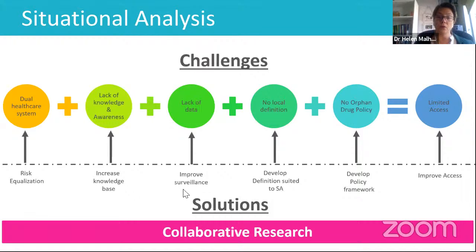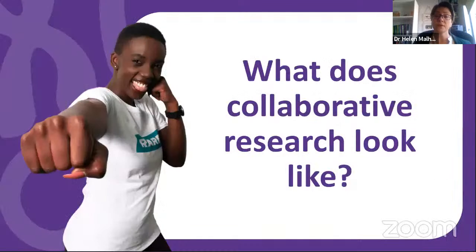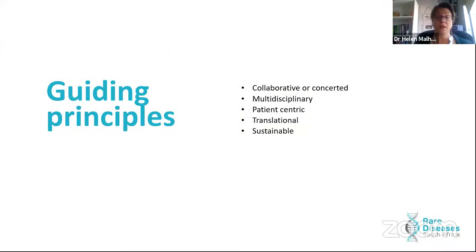And I think all the solutions that are listed underneath, improved surveillance, a policy framework, and so on, all require collaborative research. And we need to underpin everything that we do with an evidence-based approach and collaboration, working together, whether it's concerted efforts or collaborative efforts. So what does collaborative research look like?